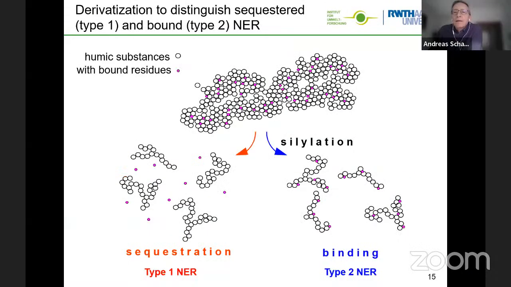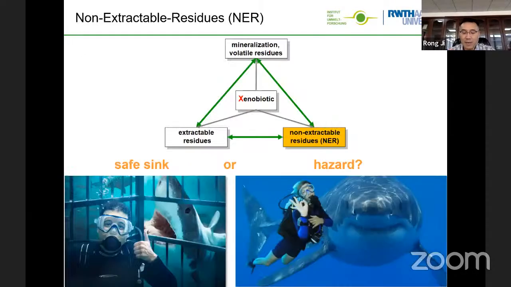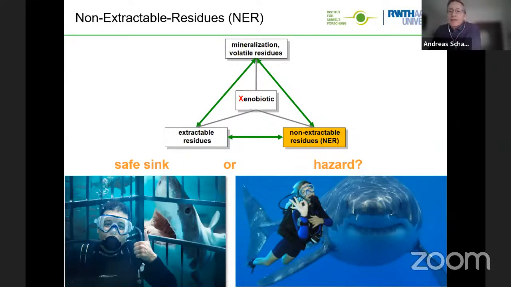Yes. And I think it could also be possible that these type 1 NERs are also sequestrated in the pores of inorganic matrices. Absolutely. Yes, I'm sure that happens also. Yes. And do you have an idea how to separate this type 1?